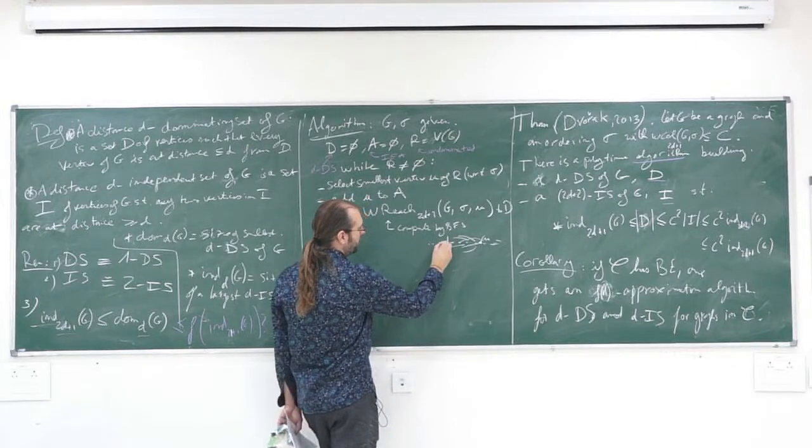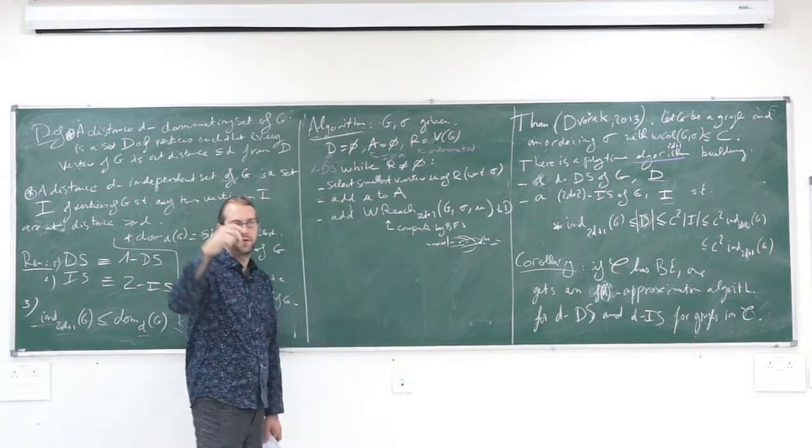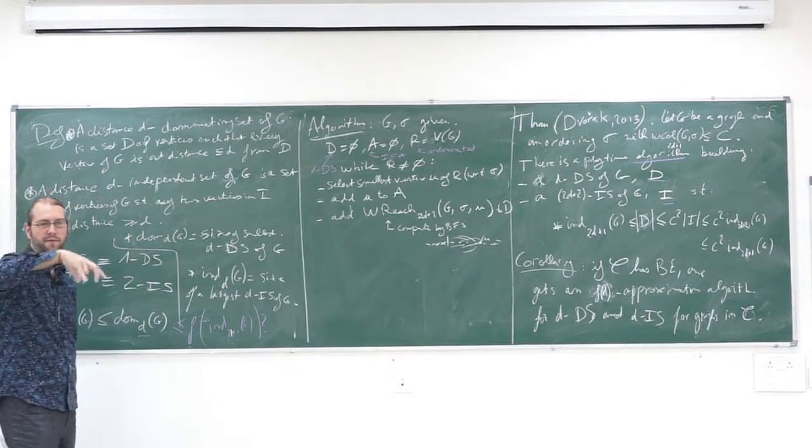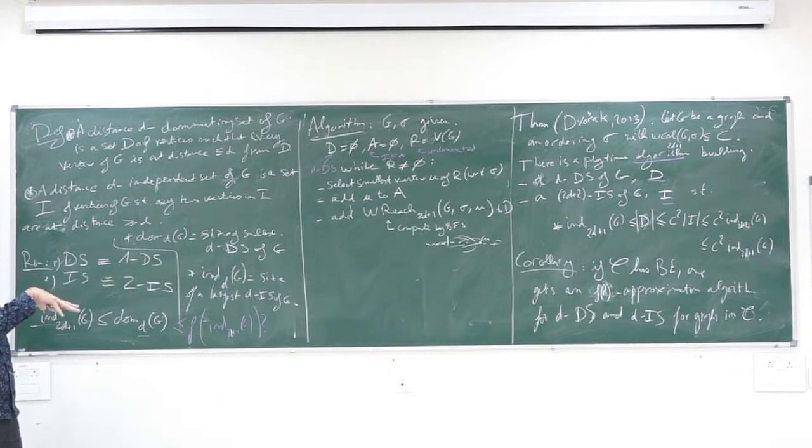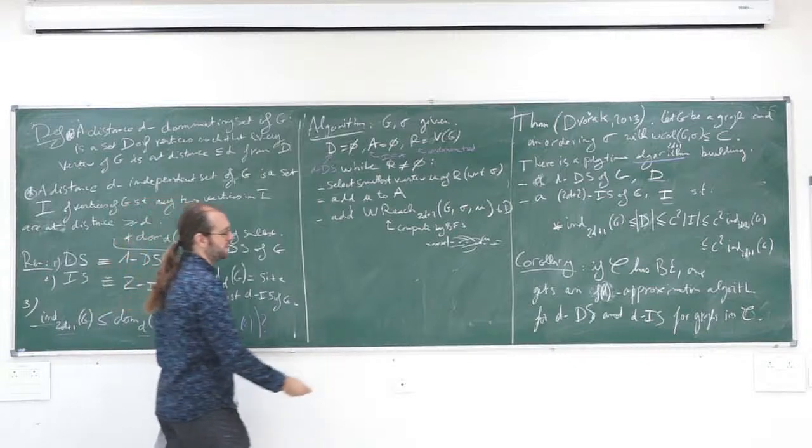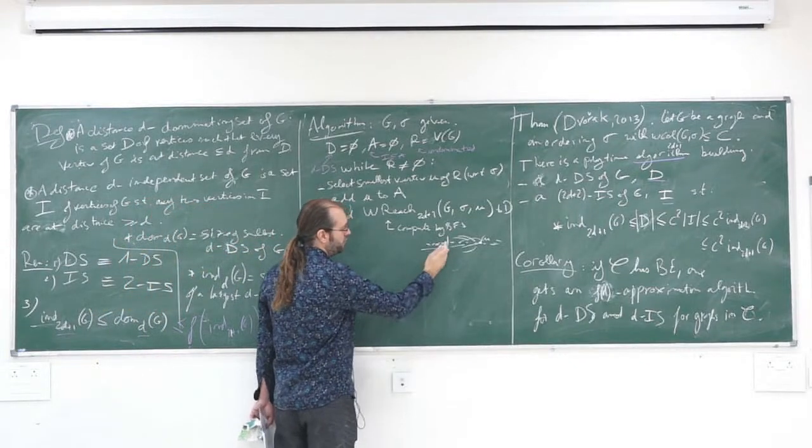You do a BFS with radius 2D plus 1, but you can never use the vertices you have already passed, so you remove all of these vertices.